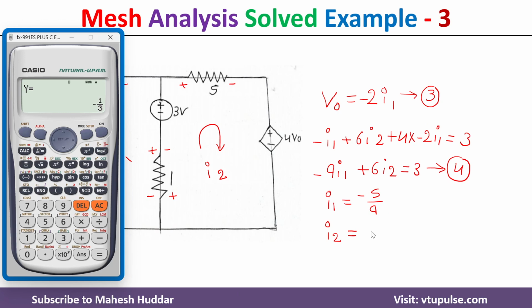So we will get I1 is equal to minus 5 by 9 and I2 is equal to minus 1 divided by 3.